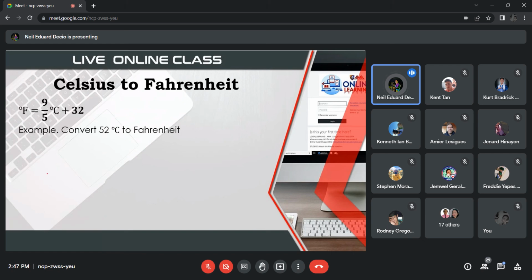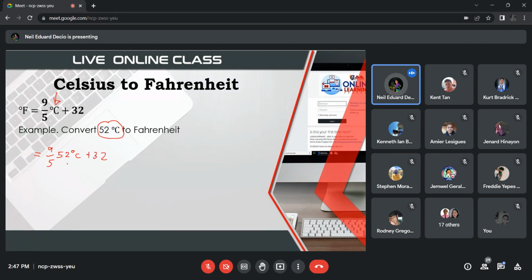Okay. So here we're going to substitute the temperature given in degrees Celsius for that variable. So 9 divided by 5 is 1.8, but 9/5 na lang muna. This is multiplied by 52 degrees Celsius plus 32.